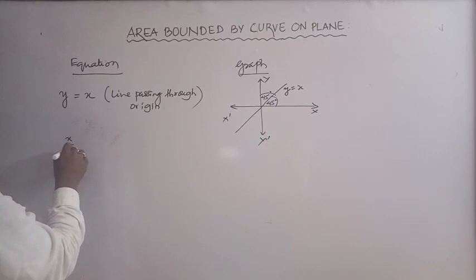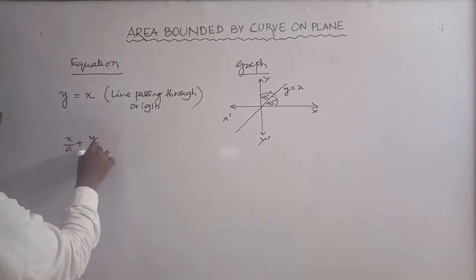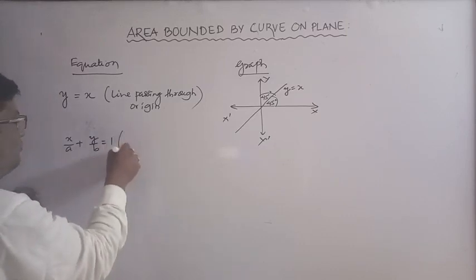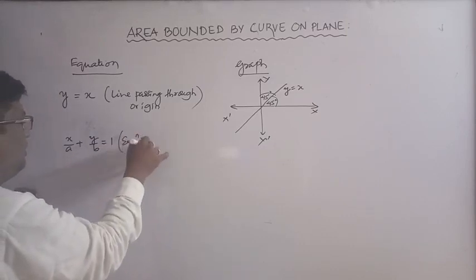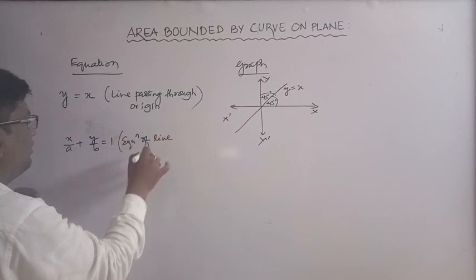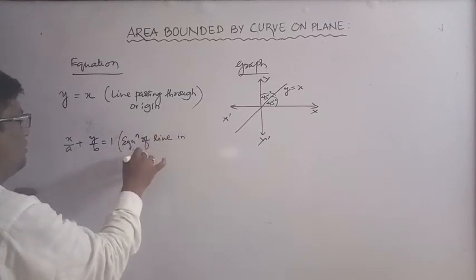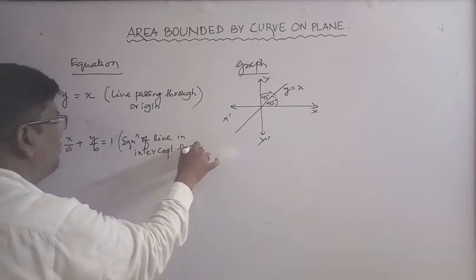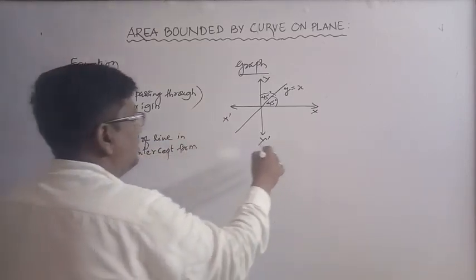Now x by a plus y by b is equal to 1. This is the equation of a line in intercept form, and its graph is like this.